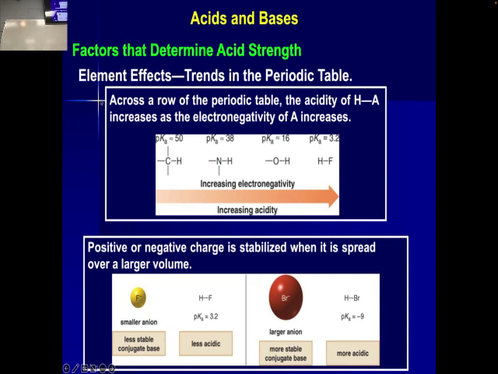What happens as we go down the periodic table? The atoms get bigger. So bromine is large, fluorine is tiny, or fluoride is tiny. So I could put a negative charge on a tiny thing, or I could put a negative charge on a big thing. Why would putting a single negative charge on a big thing be more stable than putting it on a tiny thing?